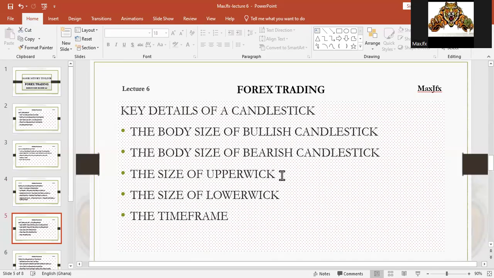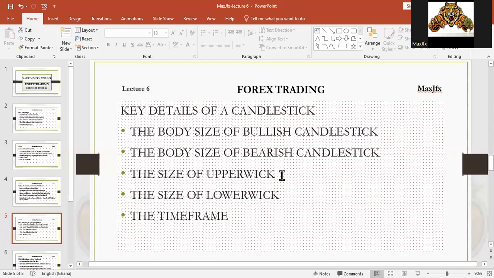If the green candle is bigger, it means there are a lot of buyers in the market. But when it's smaller, it tells us there are few buyers in the market. Same as the bearish: when a bearish candle is big, it means there are a lot of sellers in the market. But if it is small, it means there are few sellers in the market.